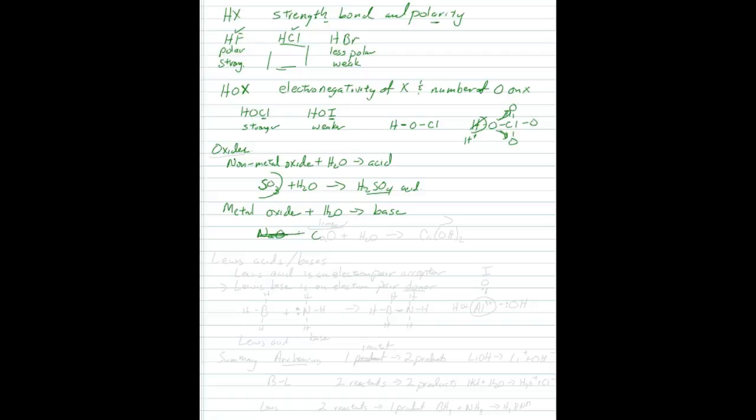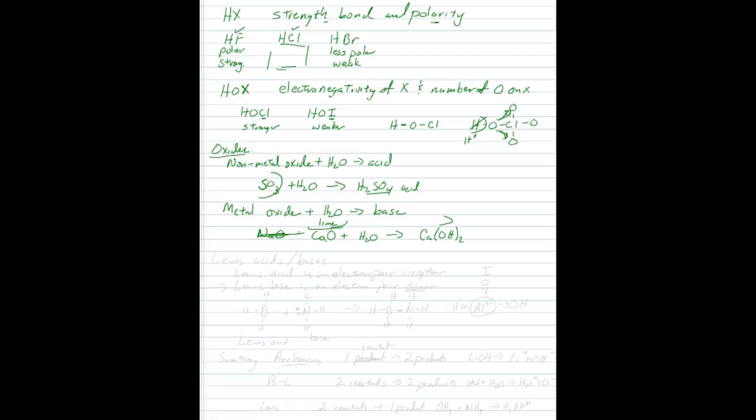Let's say calcium oxide plus H2O will form calcium hydroxide. This is lime, and sometimes in your yards, if your soil is too acidic, especially around pine trees, you will put some lime on your ground and it'll produce some base, and it'll counteract the acid in the soil, like with clays.